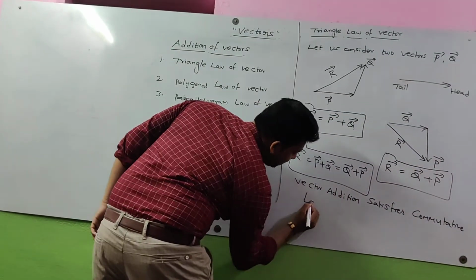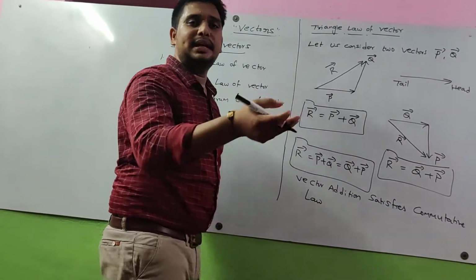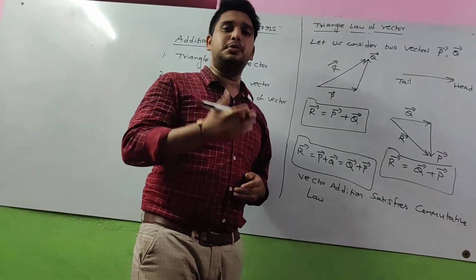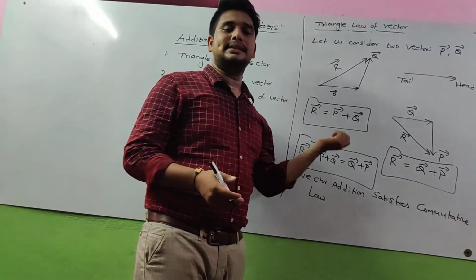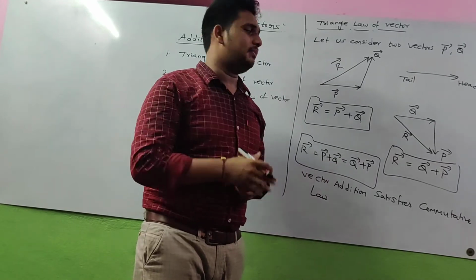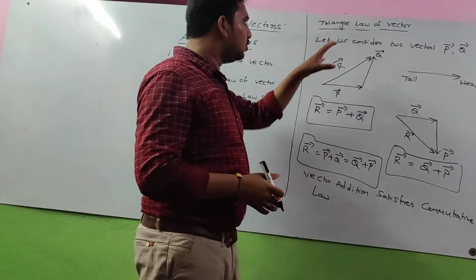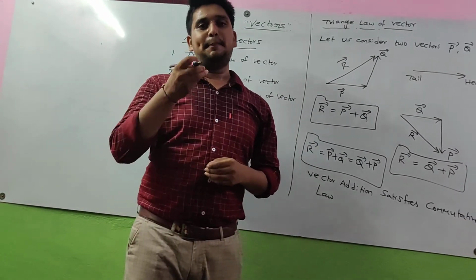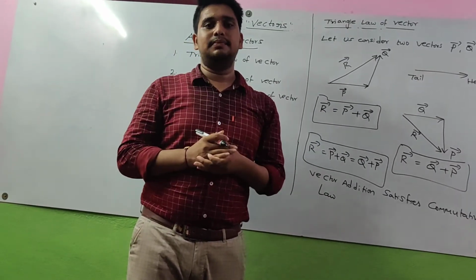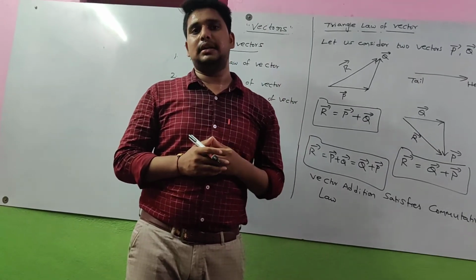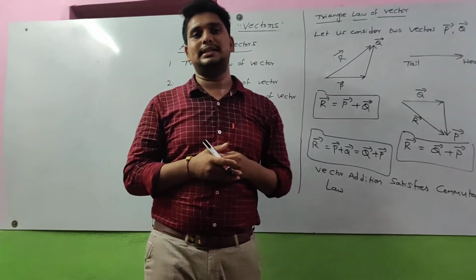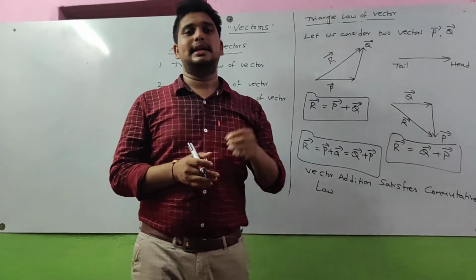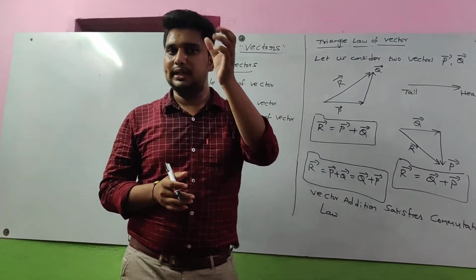Commutative law is nothing but a plus b is equal to b plus a. Vector addition satisfies the commutative property. So this is the triangular law of vector. If any two vectors represent the sides of a triangle, then the addition or resultant of the two vectors must represent the third side of the triangle. That is called the triangular law of vectors.